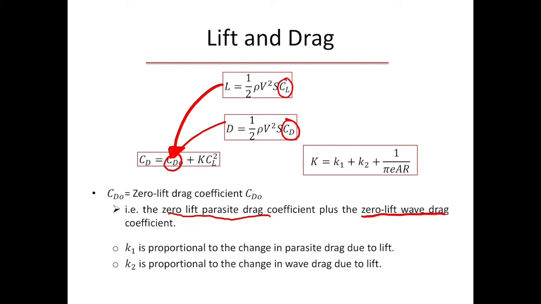And then our K value is found using these constant values. So K1 is dependent on the increment in parasite drag when we're generating lift, and K2 is the change in wave drag when we're generating lift.